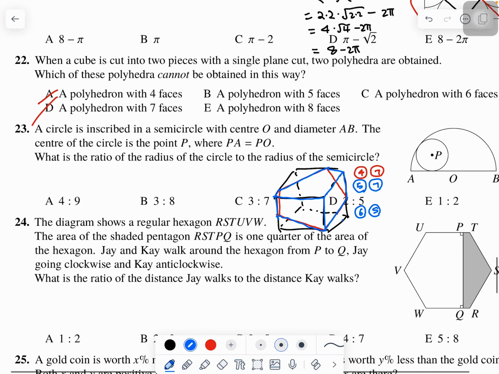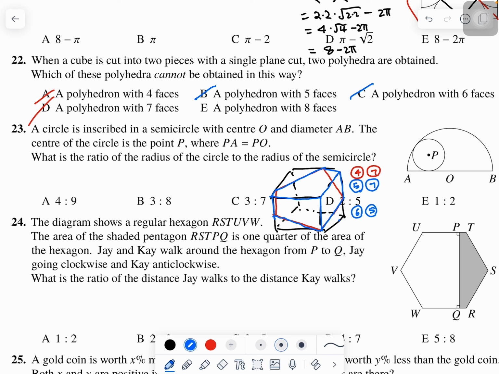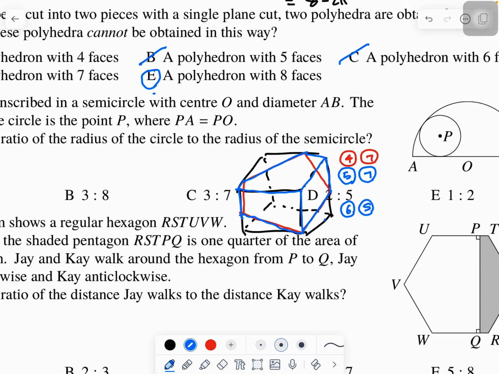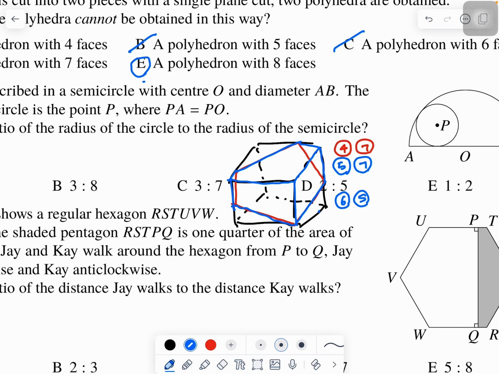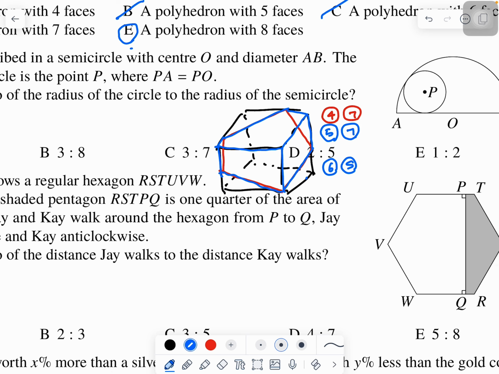So at this moment we can make 5 and 6, but we couldn't make 8. Actually we cannot make it, because so far we explored the cutting of this cube, but we can add one more cutting face, and other than that, the others are all part of the cube.